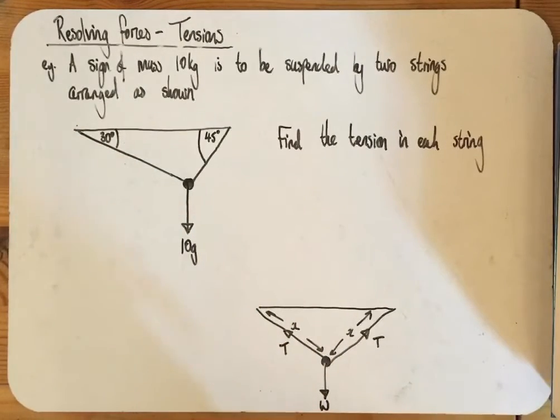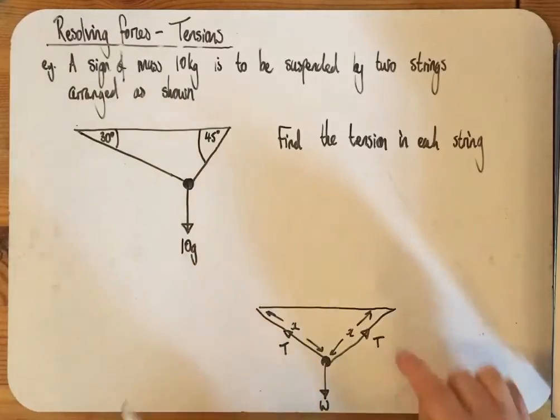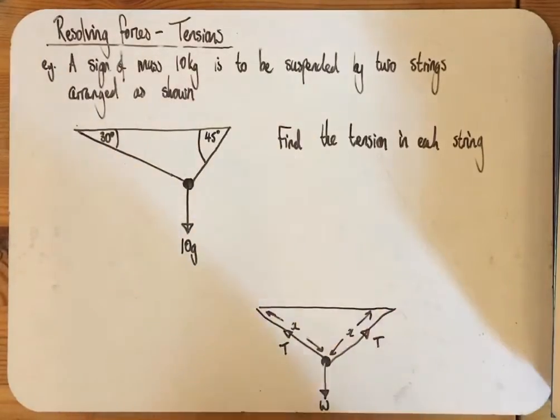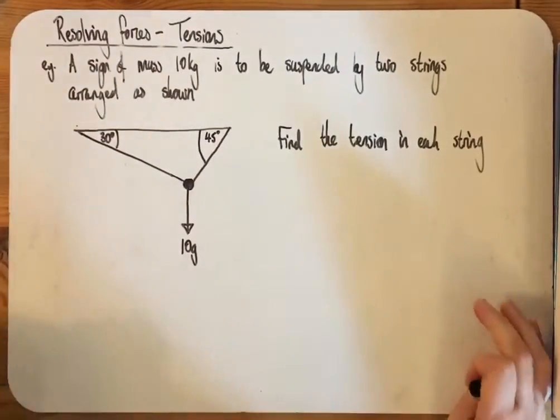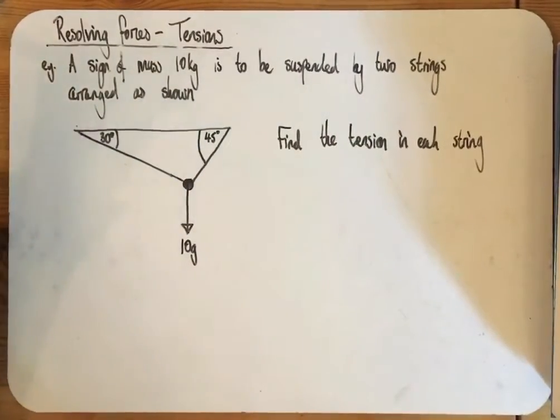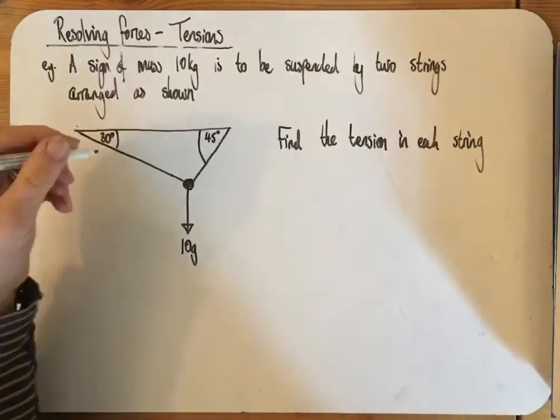If the lengths of string are different, then the tensions will be different, and the angles will be different as well, if you think about it. So for this one here, that makes sense, doesn't it? Yeah. So for this one here, we've got two different tensions.